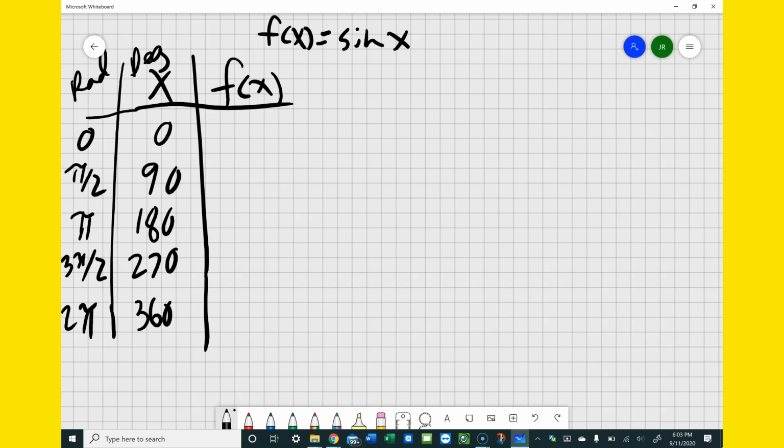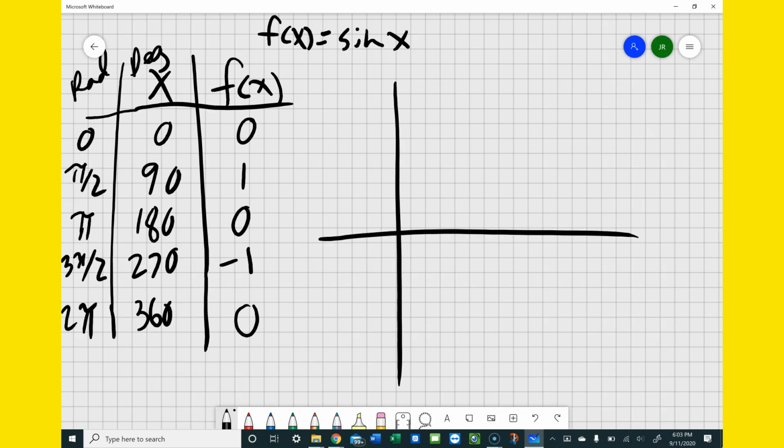Sine of 0 is 0, sine of 90 is 1, sine of 180 is 0, sine of 270 is negative 1, and sine of 360 is 0. So you have these 5 points.